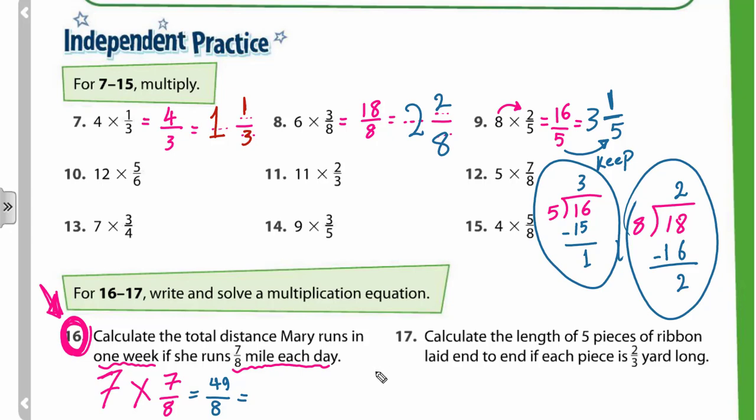We didn't finish. It's an improper fraction, so we're going to do division. What will be equal to 49? I mean, 8 times what number gives 49 or less?